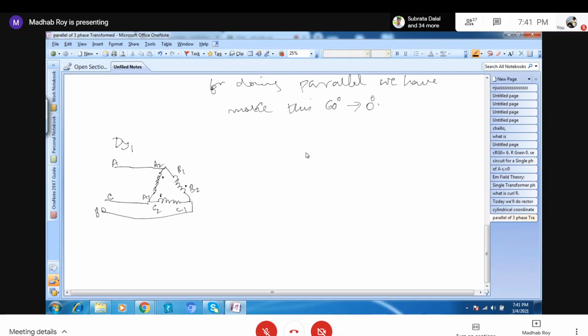So these are the lines. Okay. And for these lines, what we obtained on the secondary is like this: A1, A2, and the B1, B2, and the C1, C2.